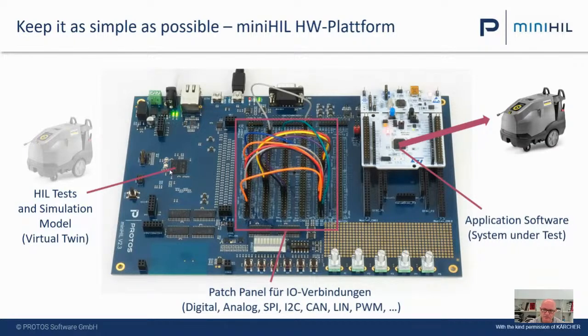So you need to simulate the motor instead of hooking up a real motor. You use a simulated motor. And once you have an environment simulation for the sensors, for the motor, for the battery, or whatever it is, suddenly you can bring your system into any state you want just by changing your simulation. And it's still a hardware-in-the-loop test because you're accessing the pins of the microcontroller as electrical signals.